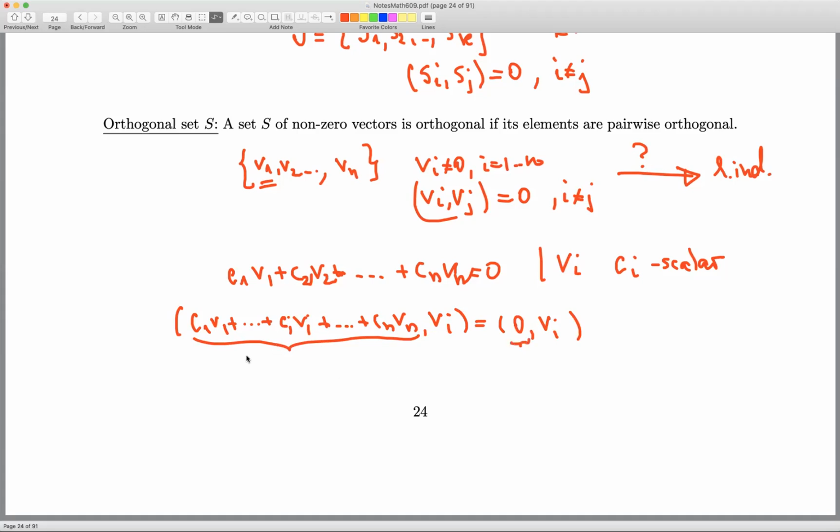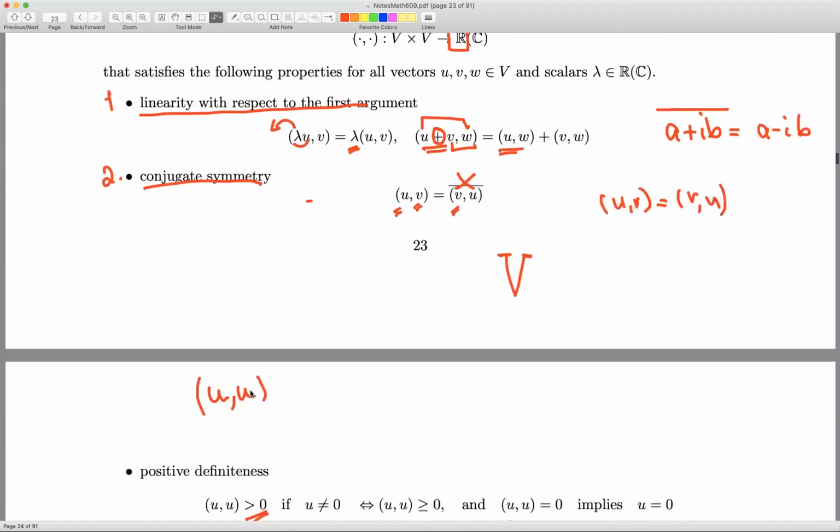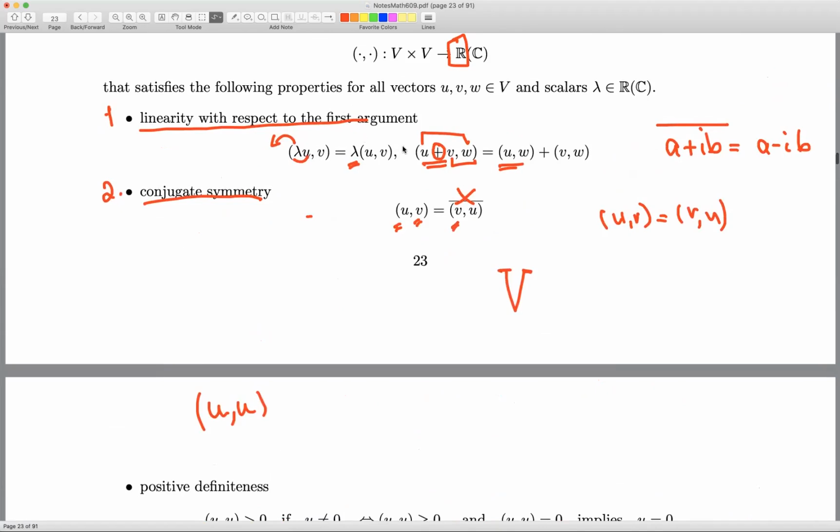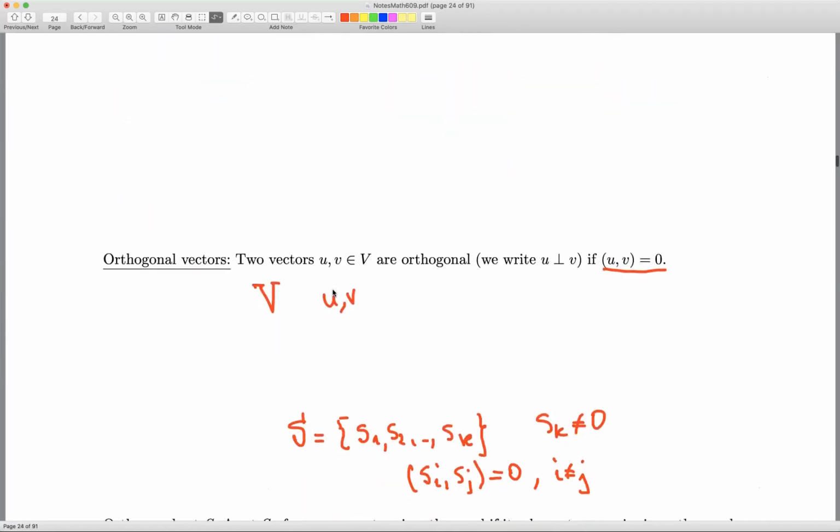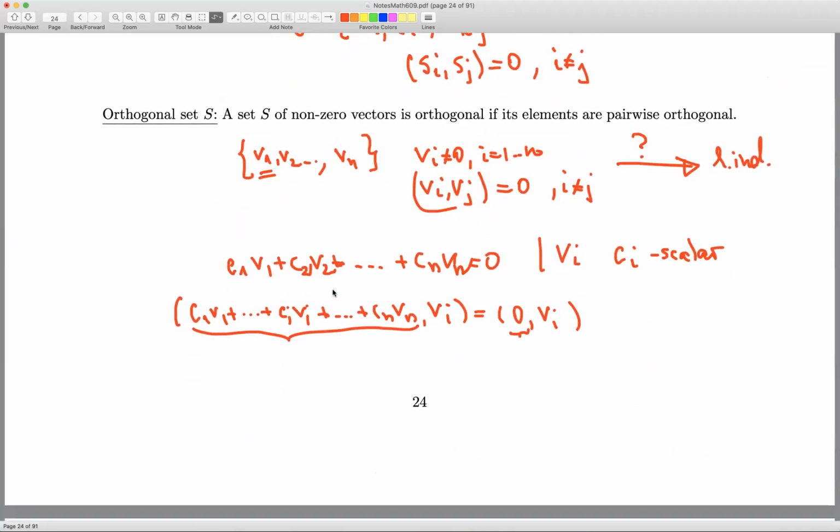If we use the property of inner product, namely that it is linear with respect to the first argument, we can split the sum and pull all the constants out. When we do that, the left-hand side of this equation is C1 (V1, Vi) plus and so on, Ci (Vi, Vi), plus Cn (Vn, Vi).